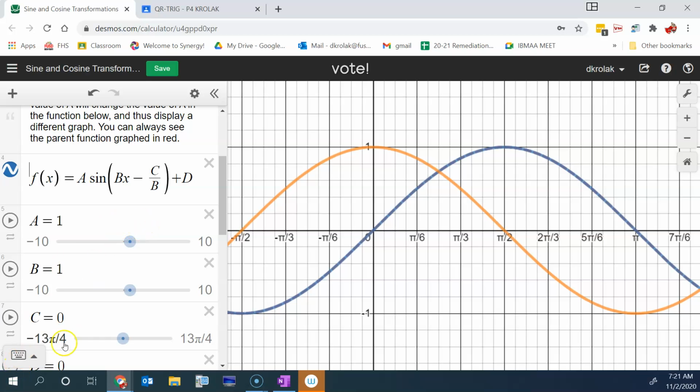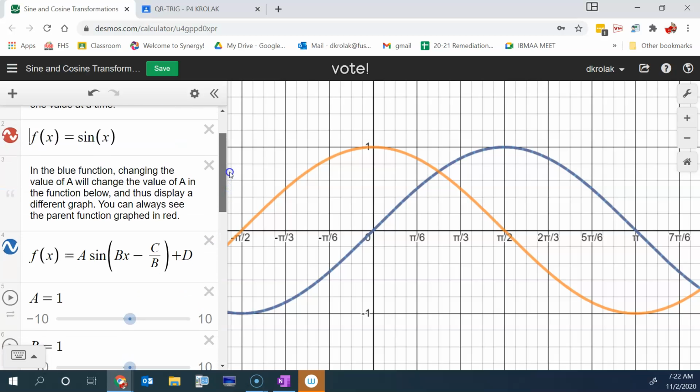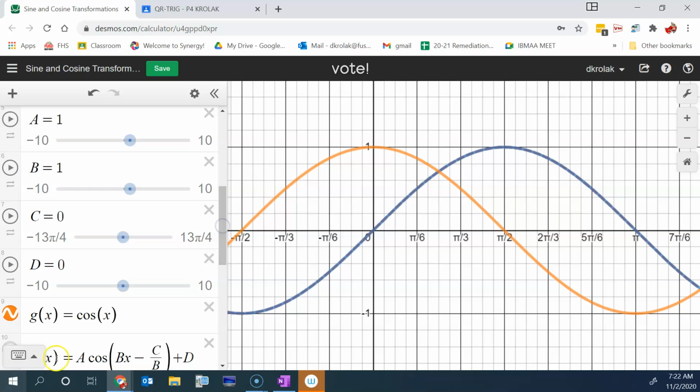So you're going to play around with these sliders. It's only one transformation. So you're not doing like a horizontal stretch and then a slide up or down or anything like that. It's just one of these. So take a few minutes, play around with those and see if you can find the single transformation that takes a sine graph and turns it into a cosine graph.